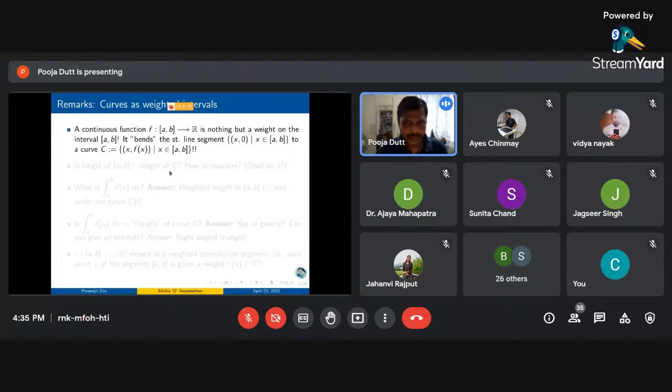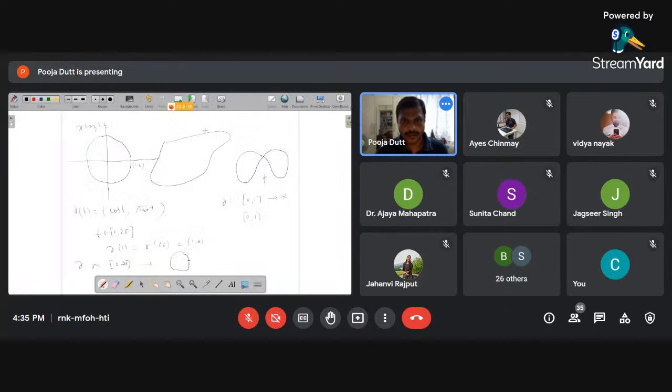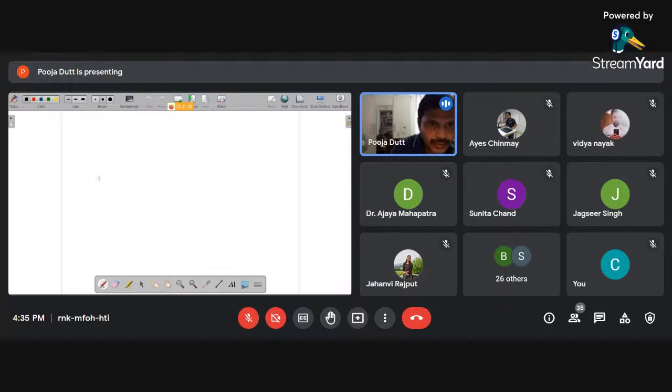So it looks like this: you have an interval AB and you have the curve f(x) here. Then each point x in the interval is given a weight f(x).